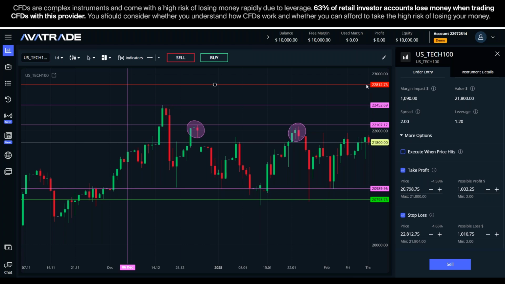But this is where I would want to have a stop loss. At the moment I don't want to go too much into the analysis, but I just wanted to place a few lines here to help understand better the scenario that I'm expecting. So I have here the take profit and here the stop loss.